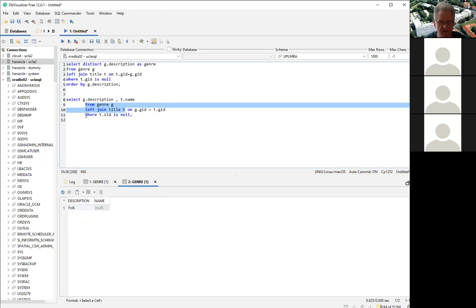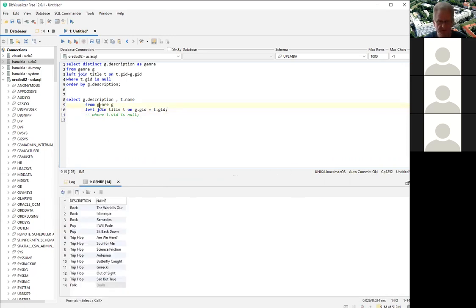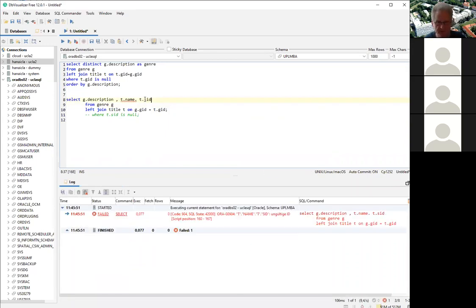I omit here the where condition, and if I execute this one, I would also take the SID here, t.sid, comma.